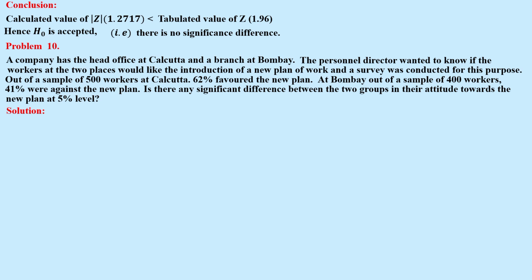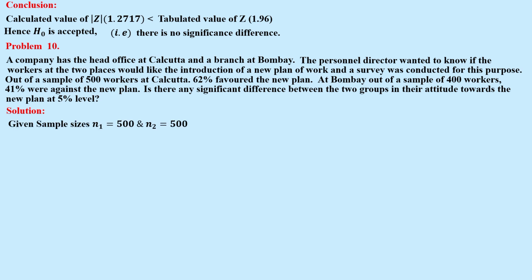Out of 500 workers at Calcutta, 62% said okay for the new plan. But in the Bombay office, they asked 400 workers, and 41% were against the new plan. They said they don't want the plan. So they are asking, is there any significant difference between Calcutta workers and Bombay workers regarding this new plan?